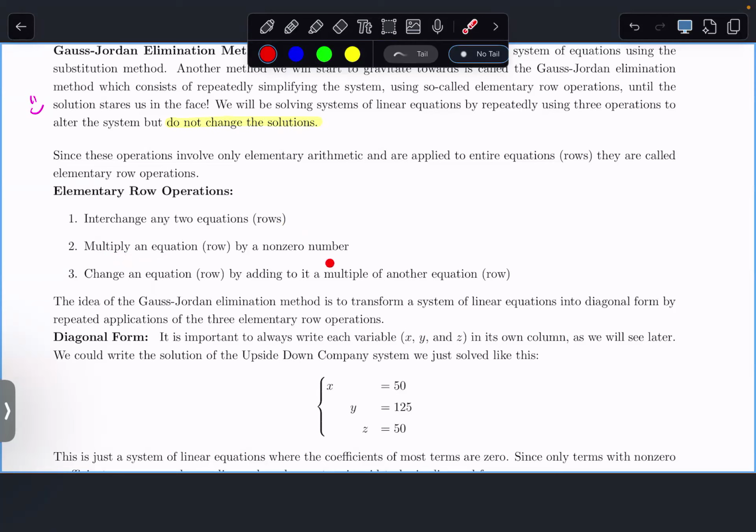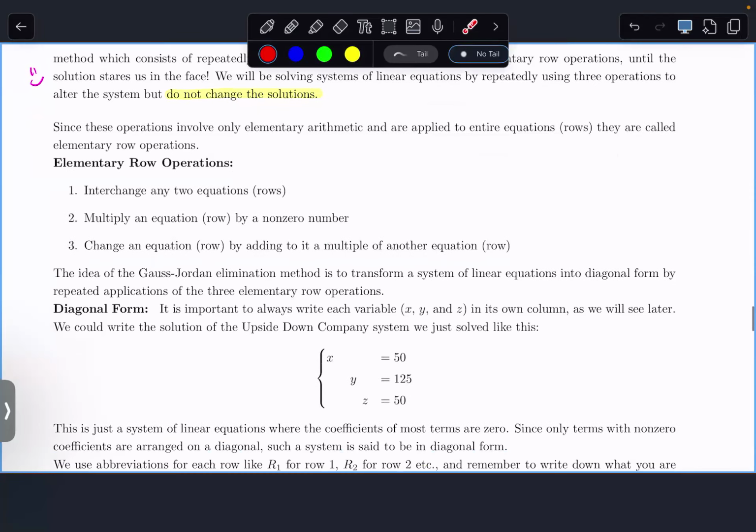Sneaky tricks like, oh, I could divide that whole equation by 2 to make it a little bit easier for myself later on. We're allowed to do that. If you want to eliminate fractions, you can multiply by the denominator. Do sneaky things like that. And you can change an equation or a row by adding it to a multiple of another row or equation.